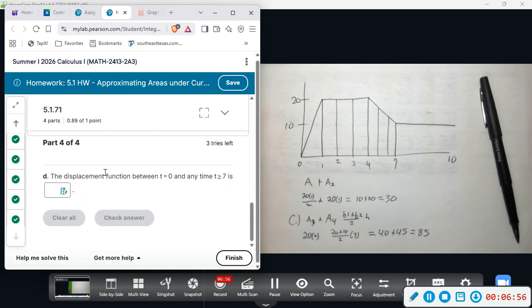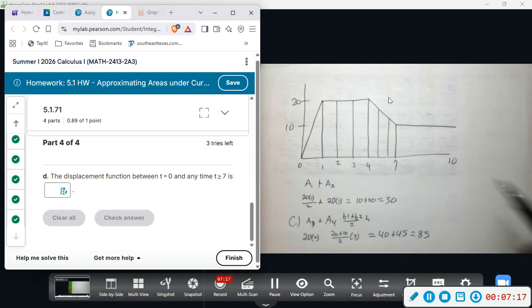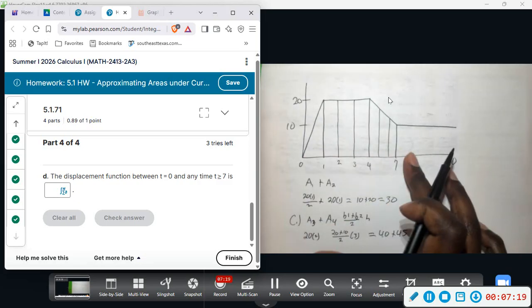All right, and then now we want to find the displacement from t equals 0 to any time greater than 7, so going here and beyond. It told us that this height is 10 every second thereafter. So this part will have already been counted.